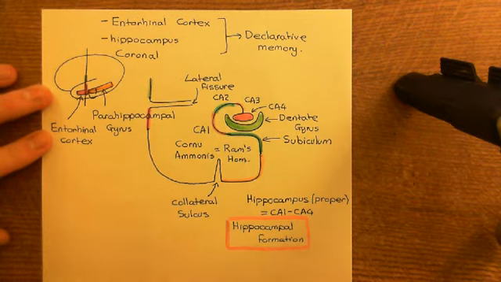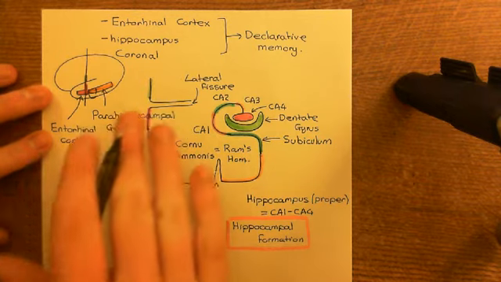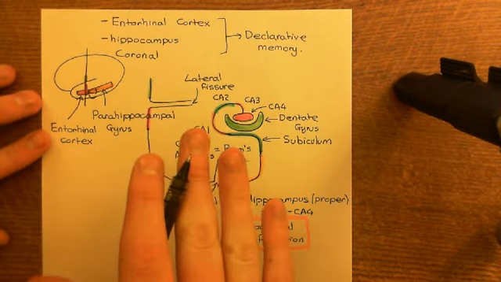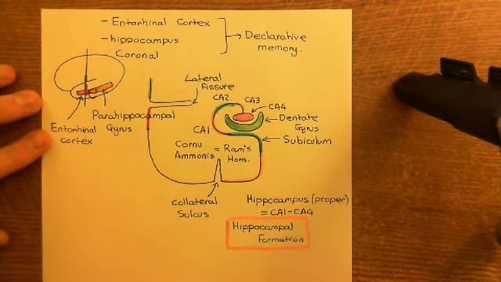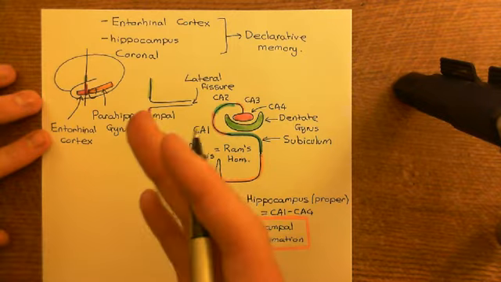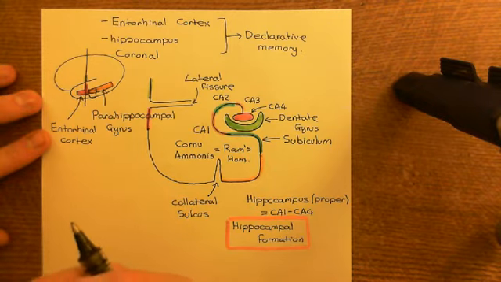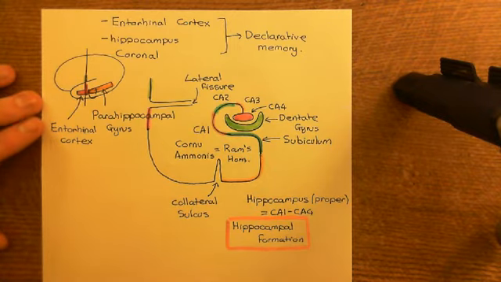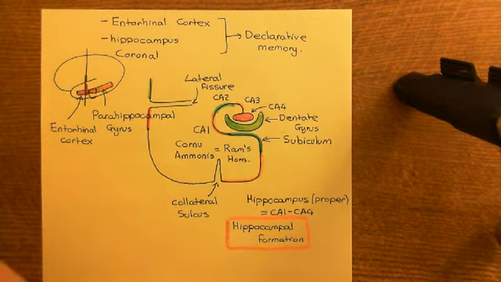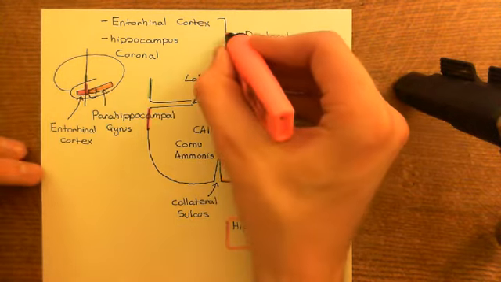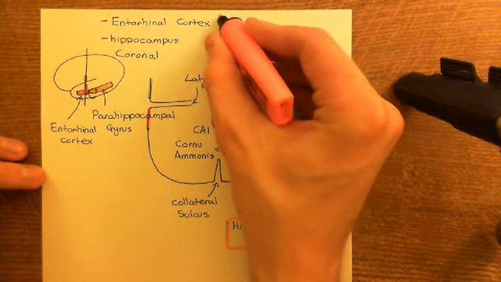Even in the early stages of the disease, when neurodegeneration has not been too bad everywhere else, the hippocampus and the entorhinal cortex are much further ahead. They are particularly susceptible, so they degenerate very quickly, and that's why in the early stages of Alzheimer's disease you get loss of declarative memory.